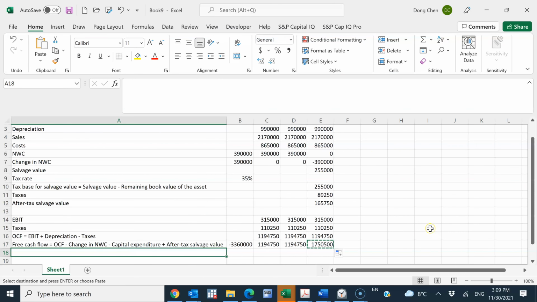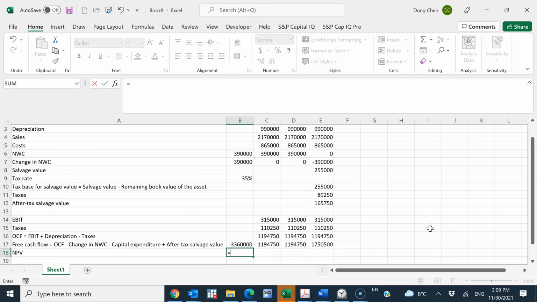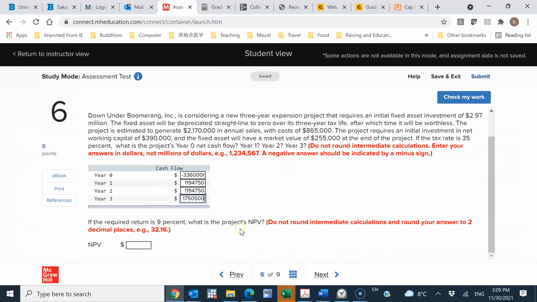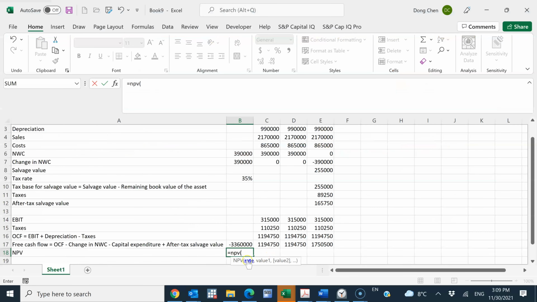So the NPV calculation, we could use the NPV function in Excel. But remember the NPV function, first argument, if you check the first argument is rate, that basically refers to the discount rate. So it's 9% here. But starting from the second argument, or the value 1, value 2, value 3, and so on and so forth, this refers to the future cash flows starting from year 1.